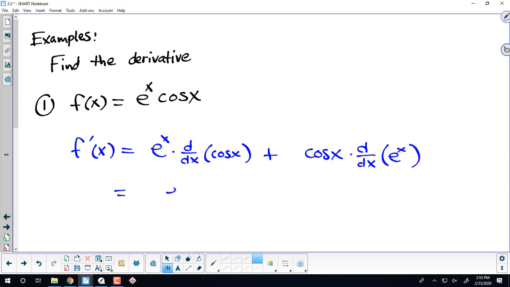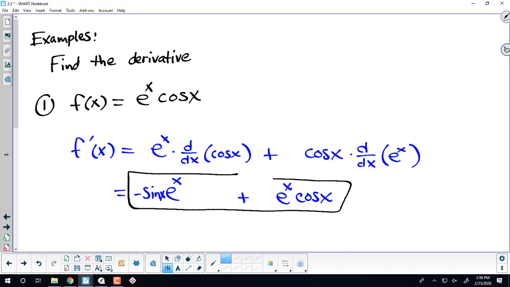So we have e to the x times the derivative of cosine. Derivative of cosine is negative sine. So wherever you want to put that, maybe just here, negative sine x times e to the x, plus e to the x cosine x. And there's the derivative of that.